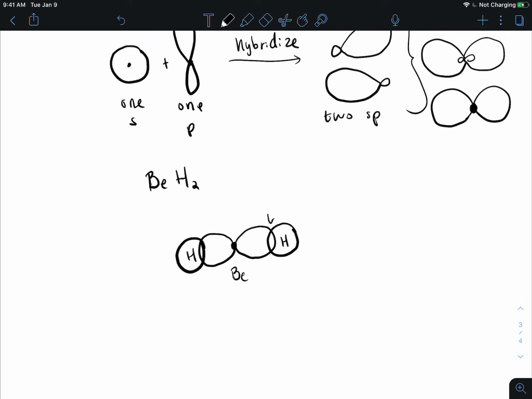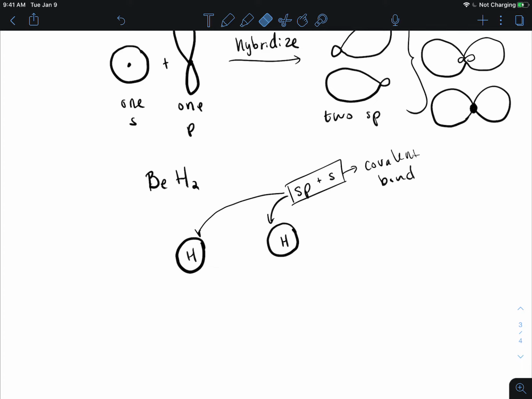So this bond is an sp orbital overlapping with an s orbital, and that forms our covalent bond. Same thing here. Both of these have sp orbitals overlapping with s orbitals. And let me just quickly put this Be in the center, like that, and the electrons are there.